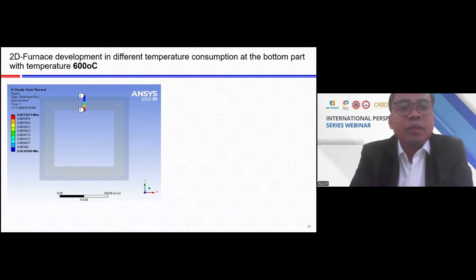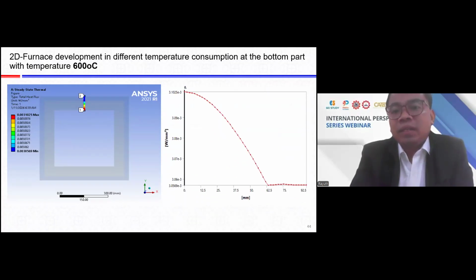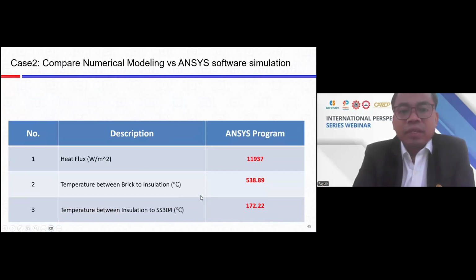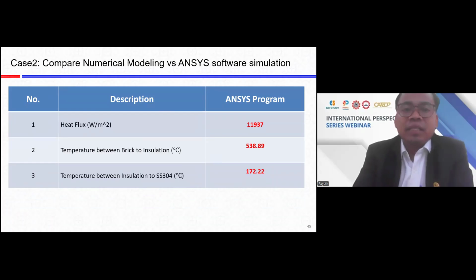And also we can see the heat flux profile. So the heat will move from the hot inside to the surface of the wall. It is easy to understand. So I summarize it in a table.